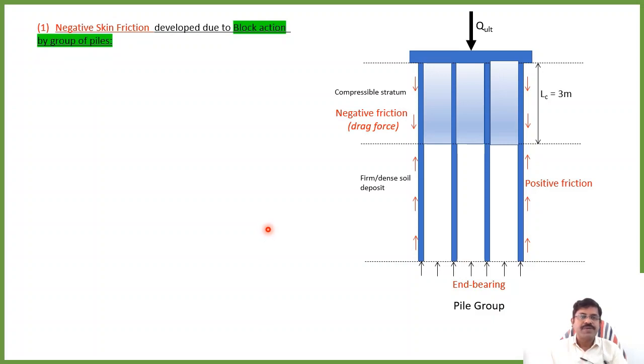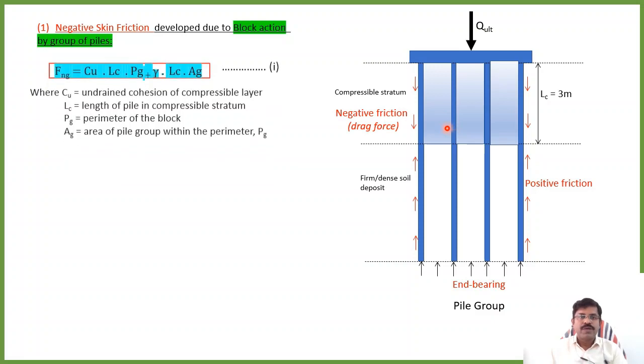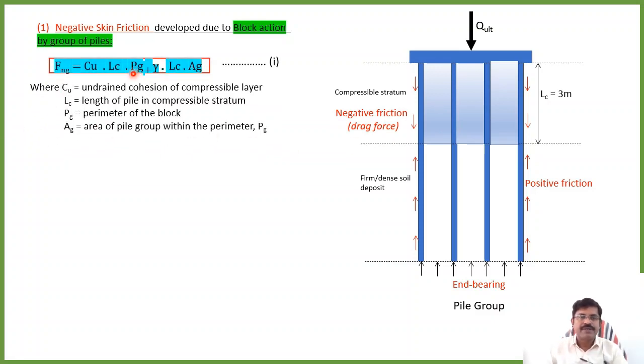The first step is to calculate the negative skin friction developed due to block action of the pile group. You might have studied that there is a group action as well as a block action of the pile group. So this can be calculated using this expression. Cu is the undrained cohesion of the compressible layer and Lc is the length of pile in the compressible stratum, here it is 3 meter, and Pg is the perimeter of the block.